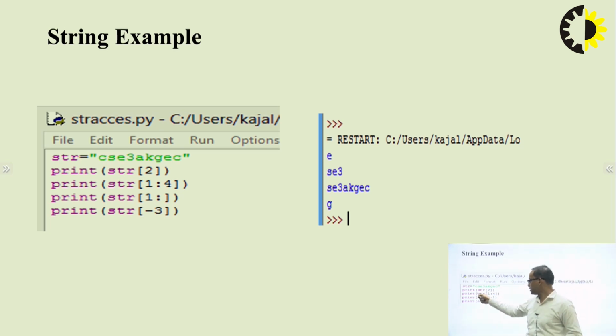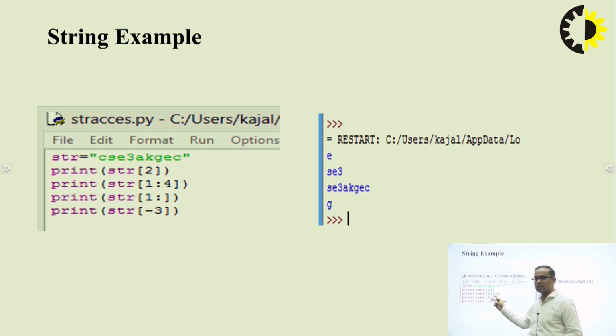Now the next statement, str[1:4]. This is used to extract the characters inside the string which lie on these indexes. Index 1 is S, index 2 is E, index 3 is 3 and index 4 is A. Okay, so 4 will not be considered.